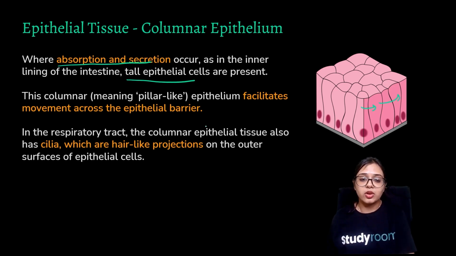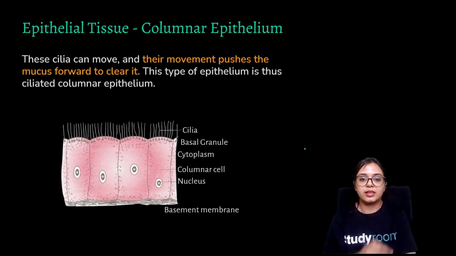In the respiratory tract also, there is absorption of gases and secretion, so there also you have columnar epithelial tissue. In the respiratory tract, these have special hair-like projections, known as cilia, present on the outer surfaces of these epithelial cells. Just like this diagram over here, that hair-like structure is known as cilia.